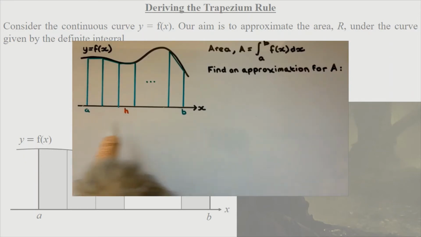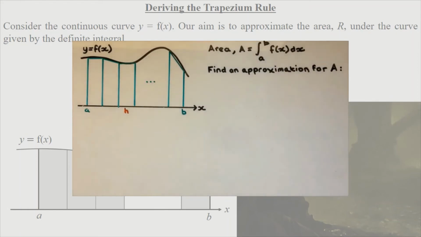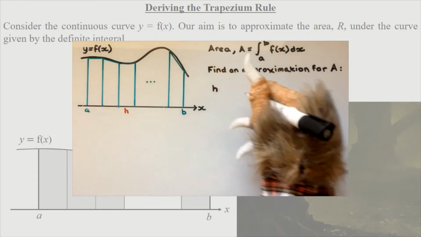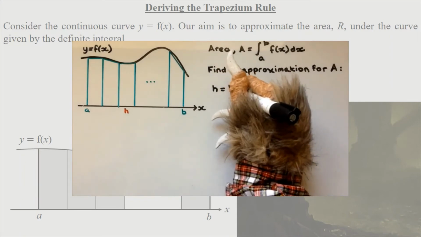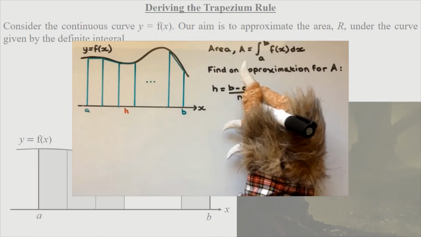So b being the larger value, a being the smaller value. Now, that will give us the distance between the 2 points, and I want to divide this distance into n equal pieces. So that's exactly what we do. I just write that algebraically. So h, as the width of any of these trapezia, is simply going to be b subtract a, divided by n.